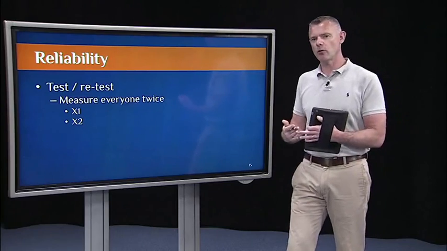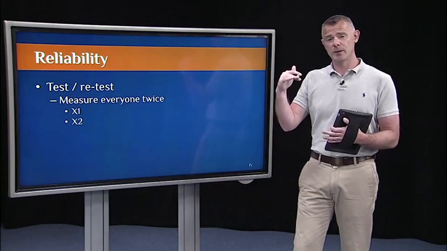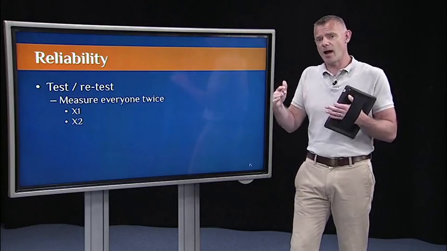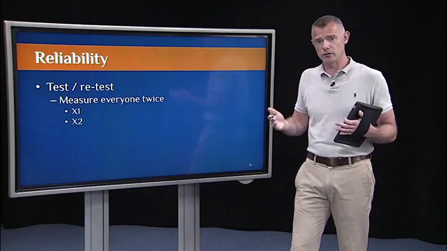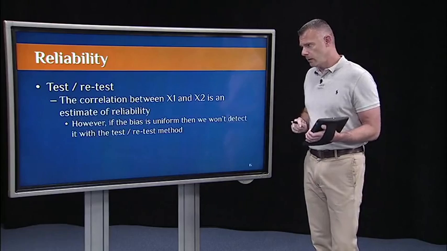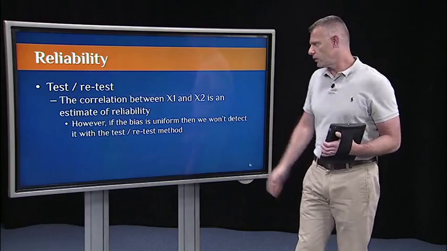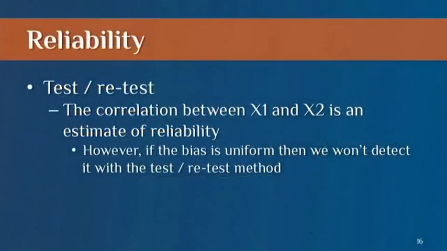So that's why it's so critical to have strong, high reliability estimates, because they limit how high your correlations can go as you do correlational studies. So this test-retest method, we just look at the correlation between x1 and x2. The only problem with the test-retest method is it wouldn't detect the systematic bias in the instrument, right?